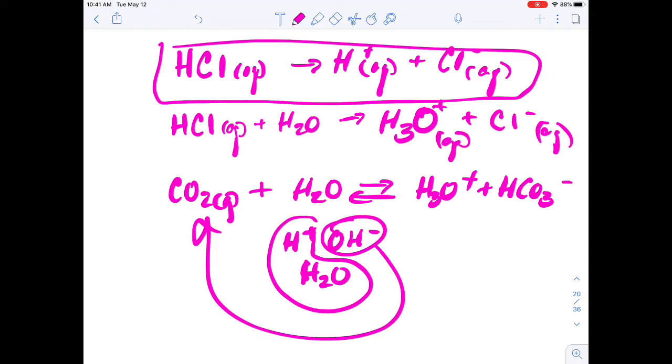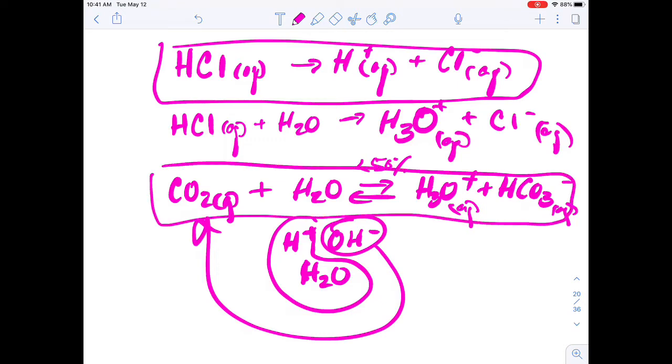This is a weakly acidic solution, so it is less than 50% forward reaction. So we have a reason for a modified Arrhenius description, but it's not perfect either.